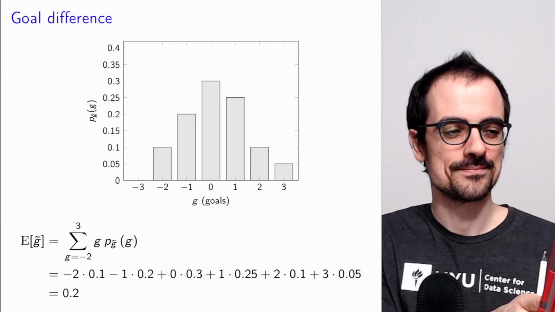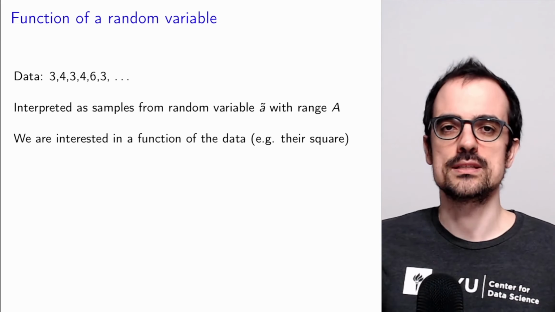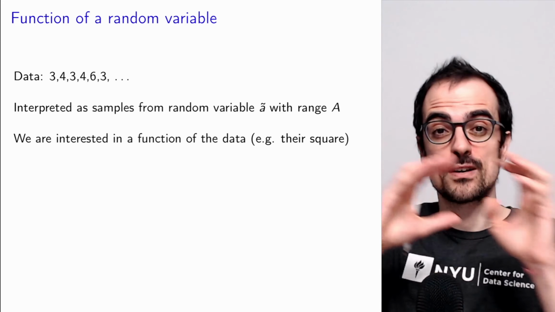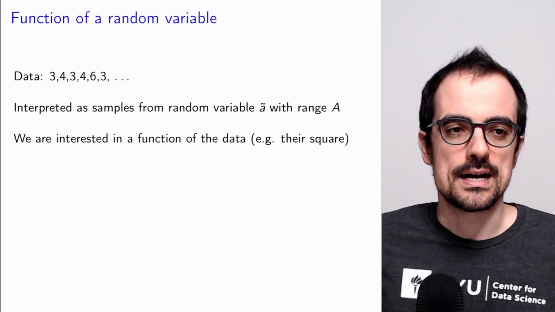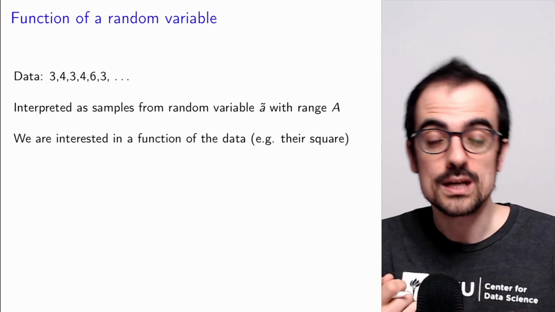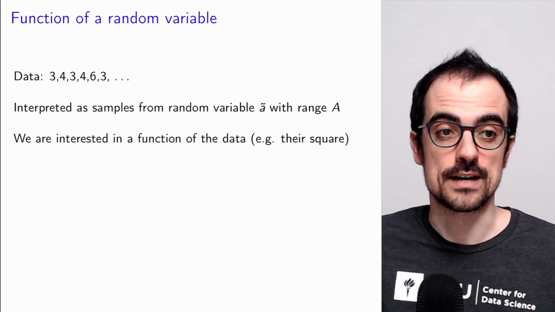As simple as that. Now let's imagine that instead of being interested in a certain quantity, we're interested in a deterministic function of that quantity, for example, the square of that quantity. How can we compute the average of a function of the quantity in terms of the probabilities associated to the corresponding random variable?